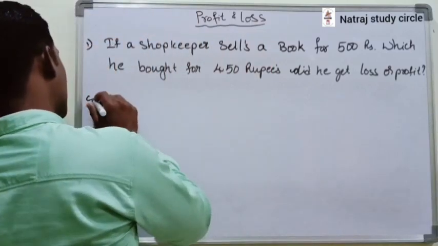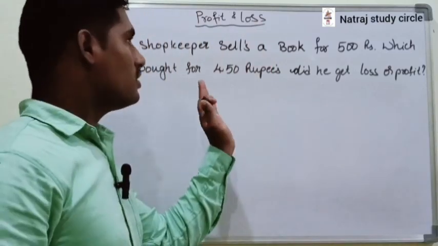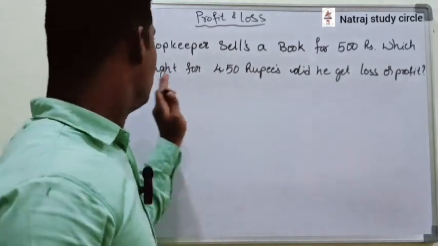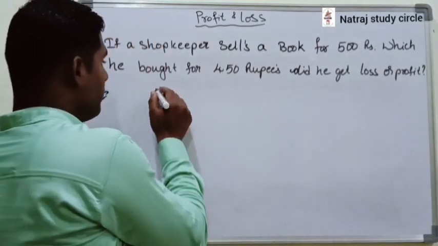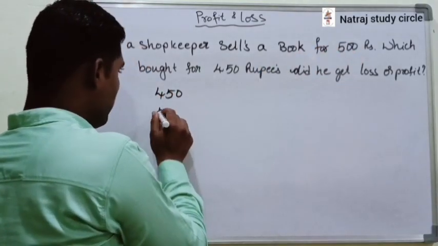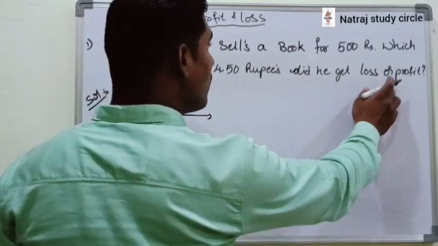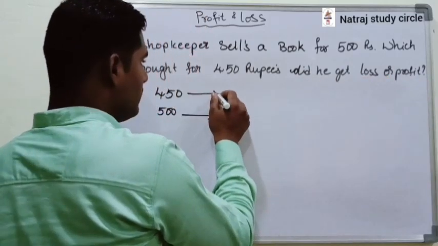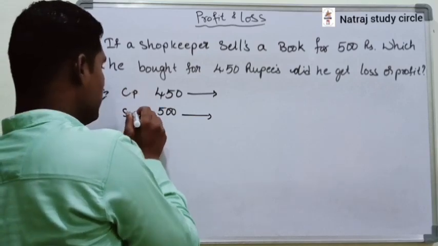He bought it for 450 rupees, so this is the cost price, and he sold it for 500 rupees, this is the selling price.